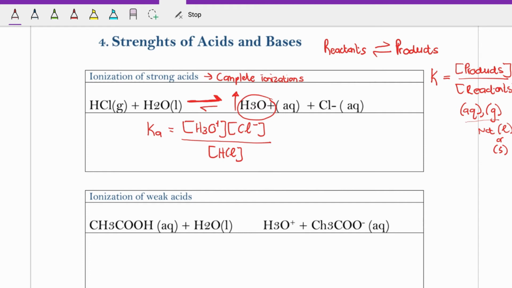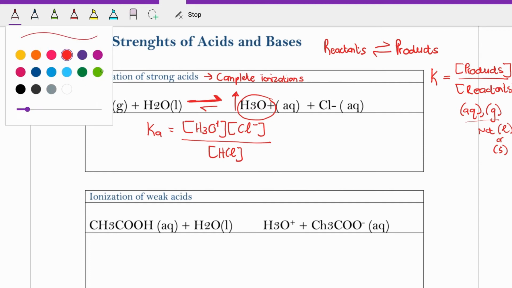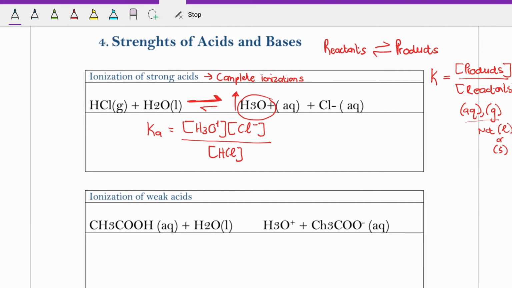If we had, let's say, a different scenario where we worked with sulfuric acid, let me just get a different color. Let's say I have sulfuric acid, right? And it is now also ionizing in water to form sulfate ions and to form hydronium ions.